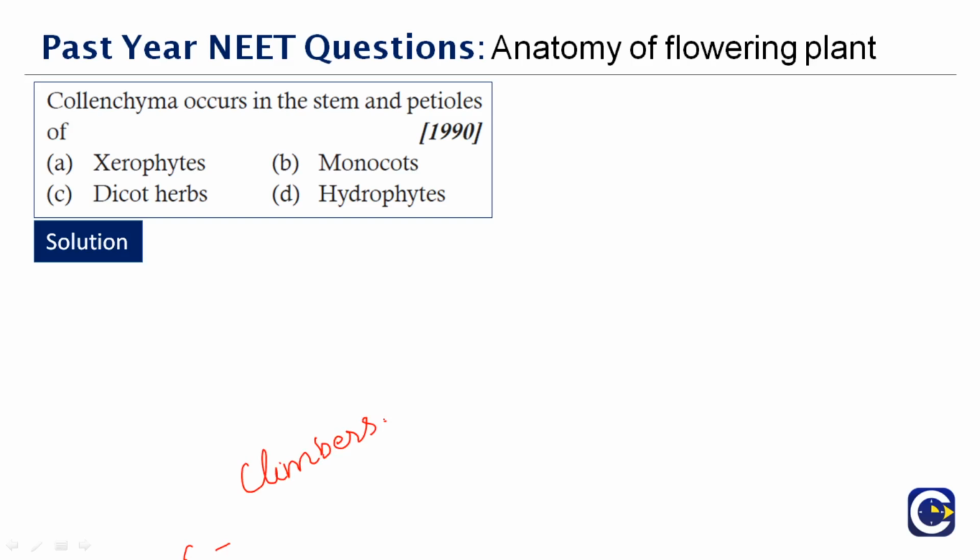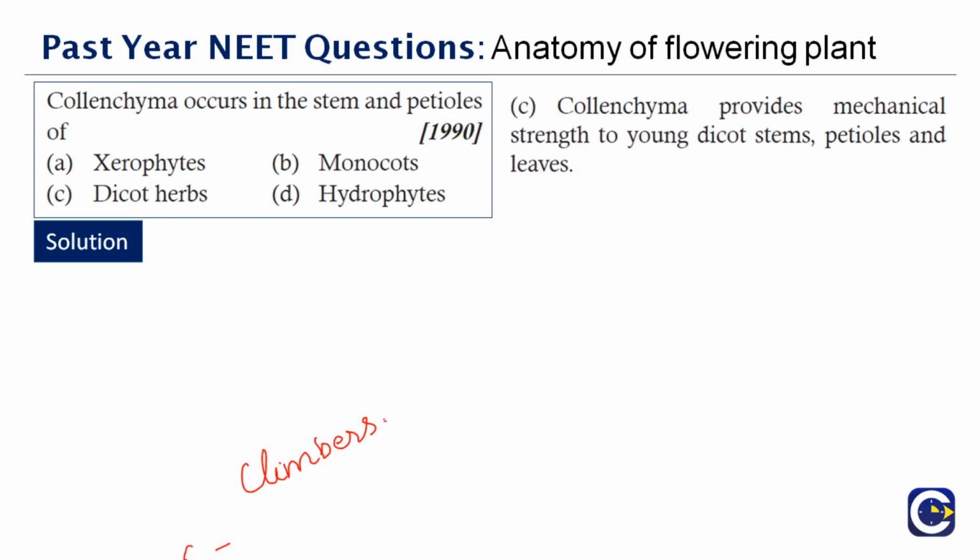Collenchyma occurs in the stems and leaf petioles of dicot herbs, because they are the young ones which come out, the young dicot stems, petioles and leaves. They basically need the mechanical strength to withstand favorable and unfavorable conditions. So to give that support, collenchyma occurs in the stem and petioles of dicot herbs. The correct answer is option C.